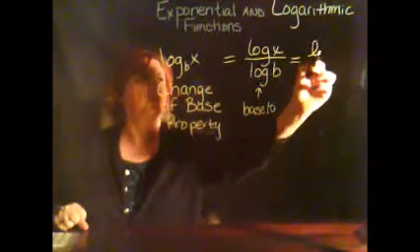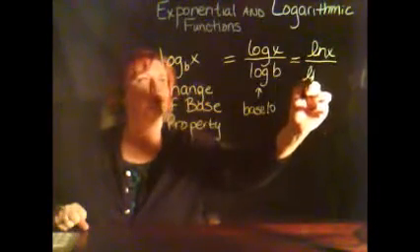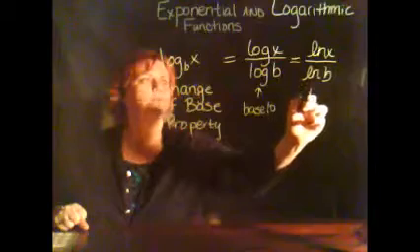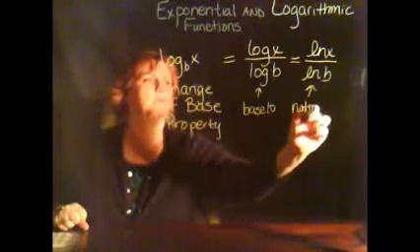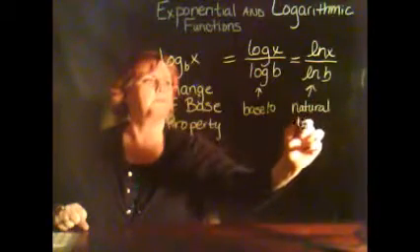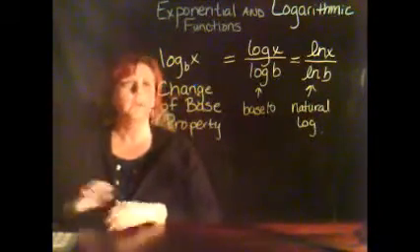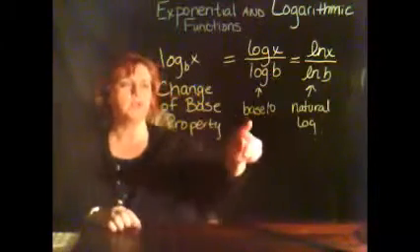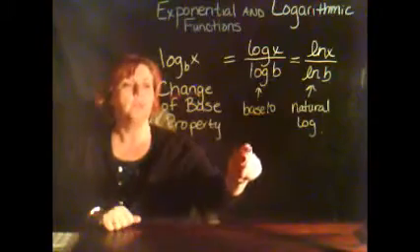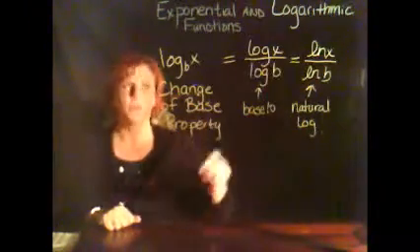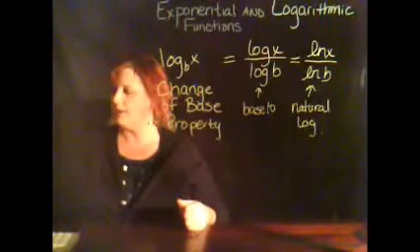So I could do natural log of x over the natural log of b. So if I have log base b of x, I can use either one of those, and I can type those into my calculator. x and b of course would be numbers. Let's take a look at an example.